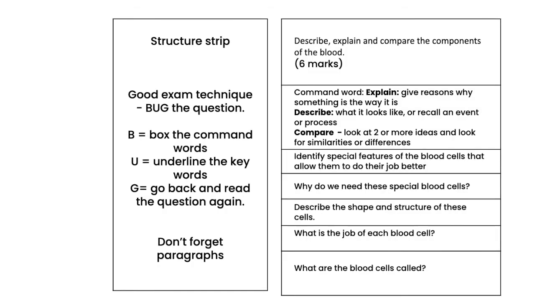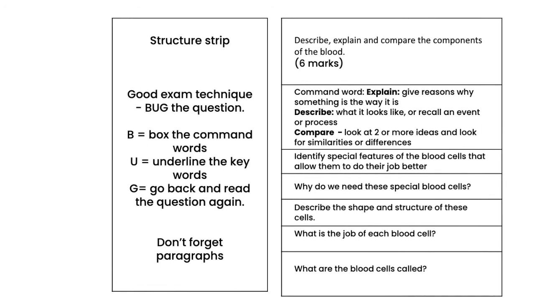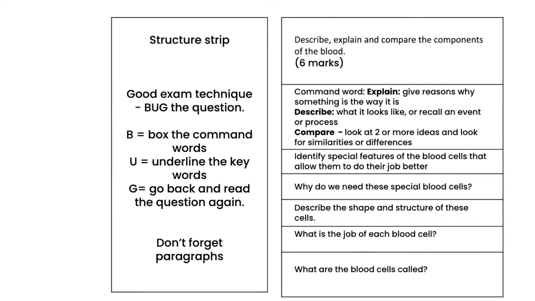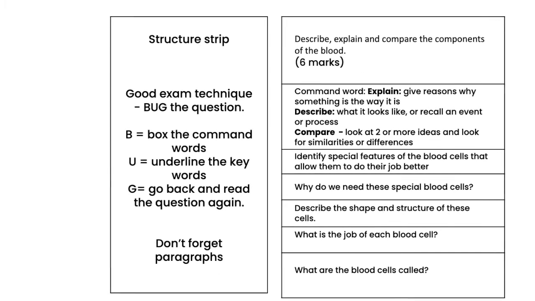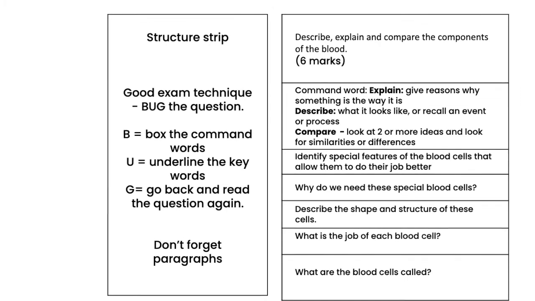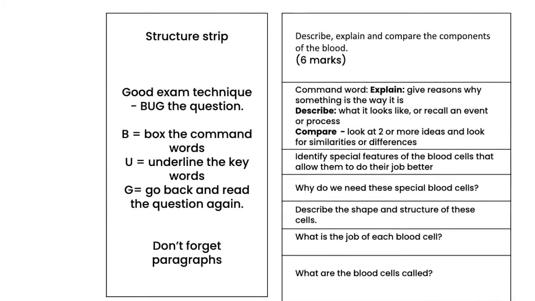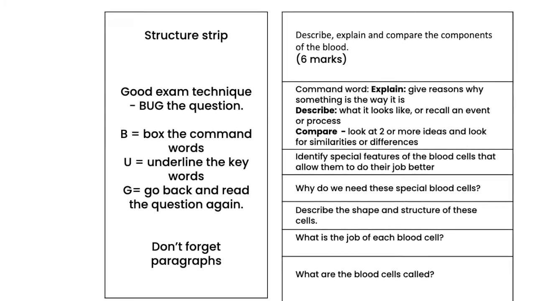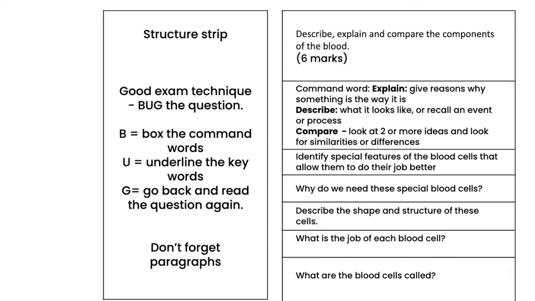This is what we call a structure strip. They're useful to be able to break down these 6 mark questions. It says to bug the question. So bug: draw a B for box the command words, underline the keywords, and then G, go back and read the question again.